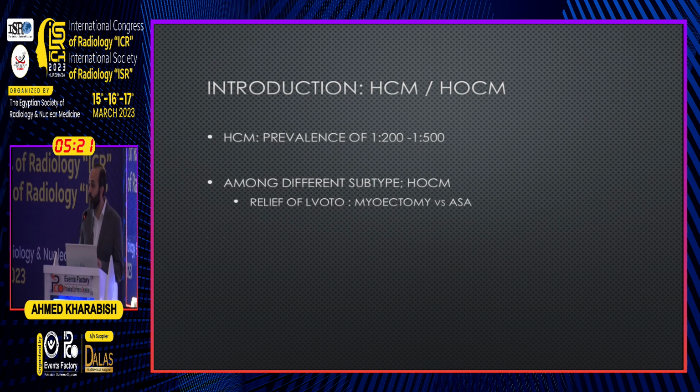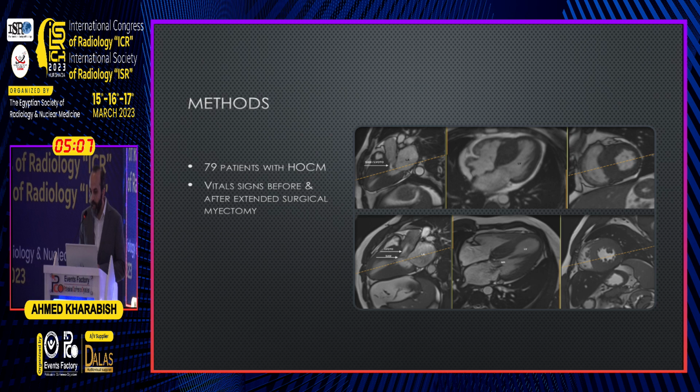We aimed to test those parameters in patients who had myectomy. We didn't include any patients who had alcohol septal ablation in HOCM. We successfully recruited 79 patients who had hypertrophic cardiomyopathy with significant obstruction that required intervention, the myectomy.